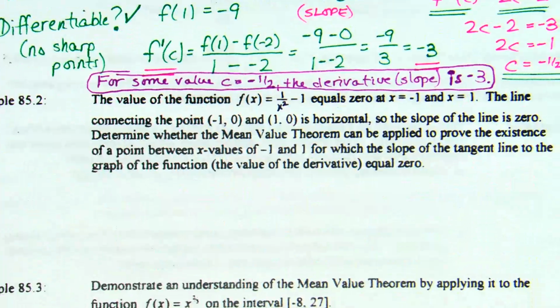The line connecting the point -1, 0 and 1, 0 is horizontal. So the slope of the line is 0. Determine whether the mean value theorem can be applied to prove the existence of a point between x values of -1 and 1, for which the slope of the tangent line to the graph of the function, or in other words, the value of the derivative, equals 0.